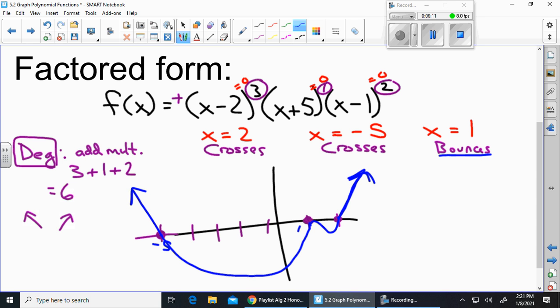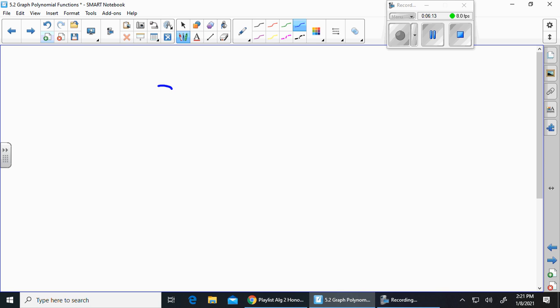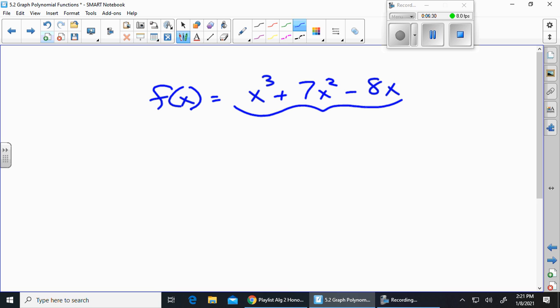The only way standard form could be different is if I asked you to graph x cubed plus 7x squared minus 8x. I could ask you to do that because you can factor that. That's where we need to remember, how do I factor that? Greatest common factor. Then I'd have x squared plus 7x minus 8. I can factor this.